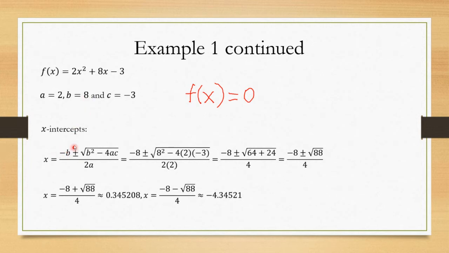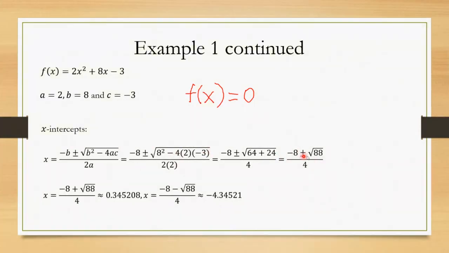We have negative B plus or minus the square root of B squared minus 4 times A times C over 2A, which is negative 8 plus or minus the square root of 8 squared minus 4 times 2 times negative 3 over 2 times 2, okay? Which, of course, is this. You work it out, you end up getting this here.